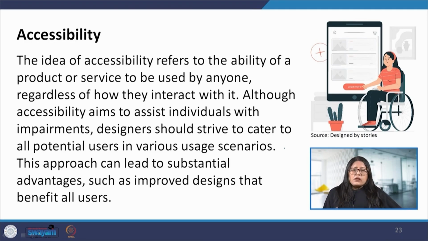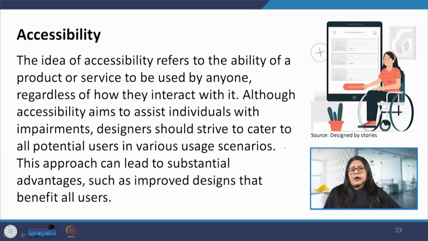Now, accessible design focuses on creating products, services or environments that can be easily accessed, understood and used by individuals with impairments. It aims to remove all kinds of barriers so that they can have as good an experience as people without any kind of impairment.